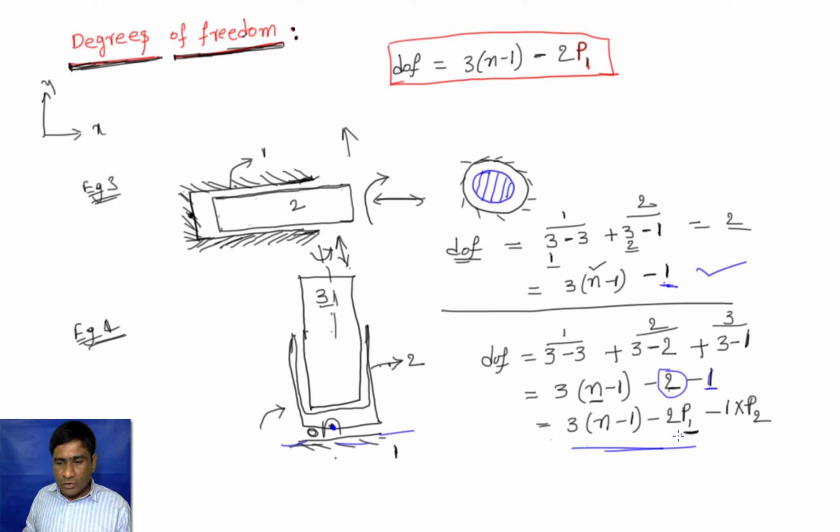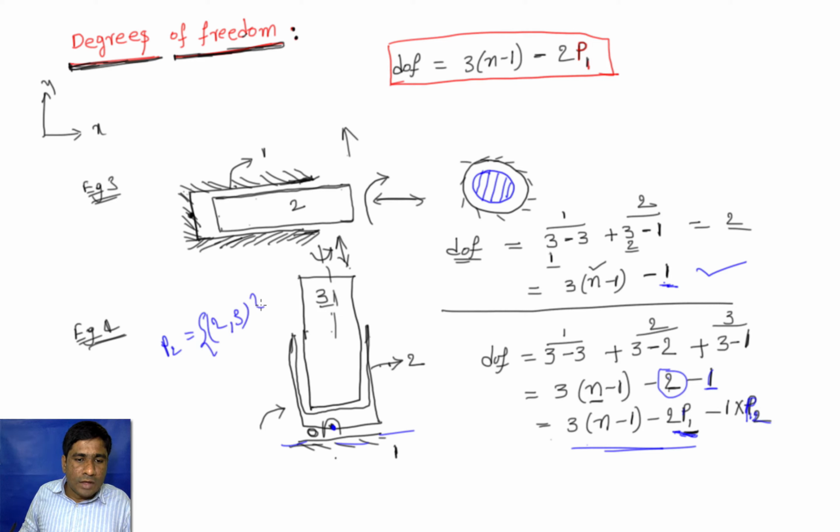So what I am trying to summarize here is, this can be written with p1 and p2, where p1 is the number of pairs of links having degrees of freedom 1, and where p2 is the number of pairs of links having degrees of freedom 2. Here in this case p2 is how much? This is only 1, because the p2 pair is only 2 comma 3.